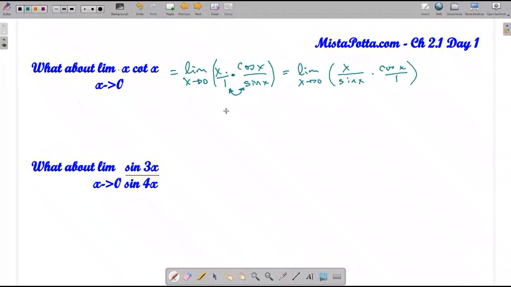Now I'm looking at this and I remember that the limit of a product is equal to the product of the limits. So I can deal with the limit as x approaches 0 of x over sine x and the limit of cosine of x over 1 as x approaches 0.